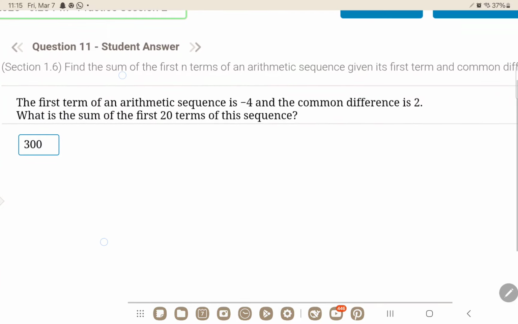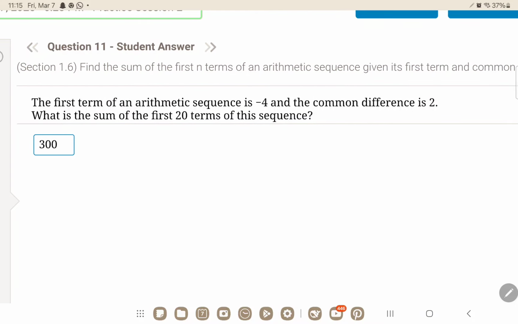The first term of an arithmetic sequence is negative 4 and the common difference is 2. What's the sum of the first 20 terms? So we know the formula for this is Sn equals n over 2 into 2a1, which is your first digit, plus d, which is common difference, times n minus 1.